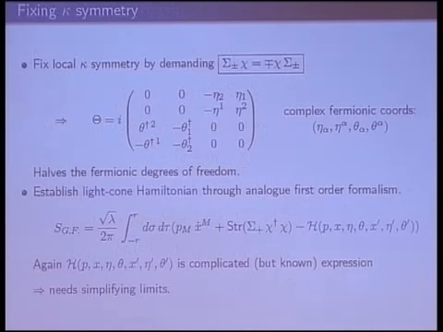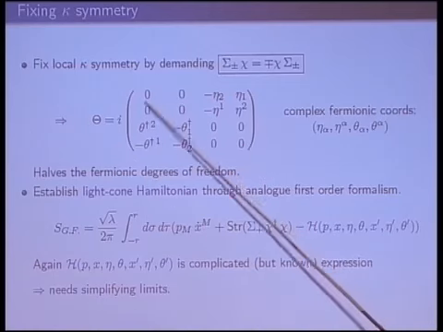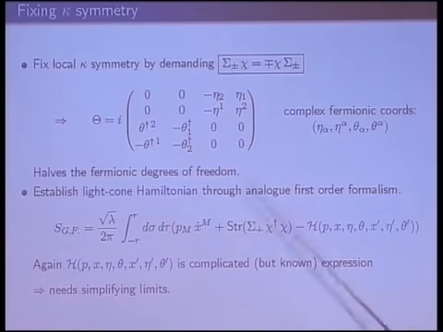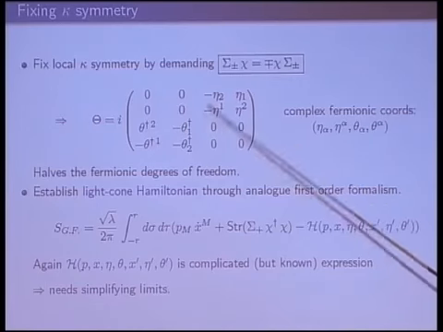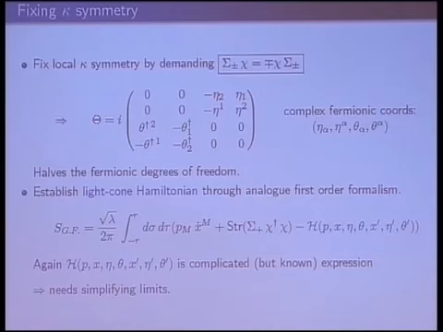And so the upshot is that the theta matrix has 4 plus 4 complex fermionic coordinates, eta and theta. And this choice exactly halves the degrees of freedom of that matrix. Good.